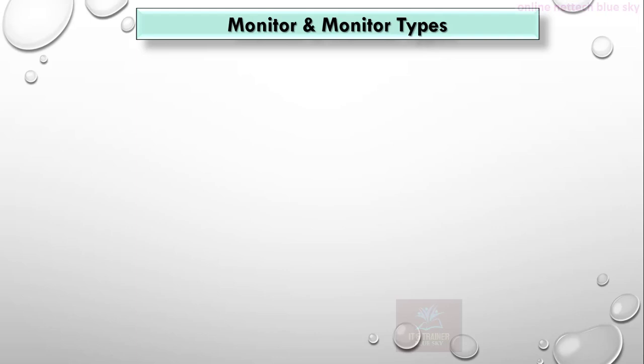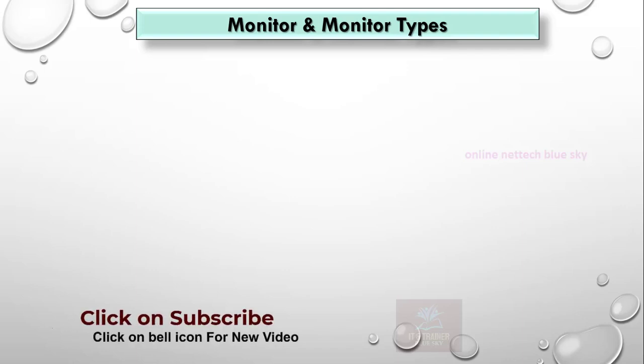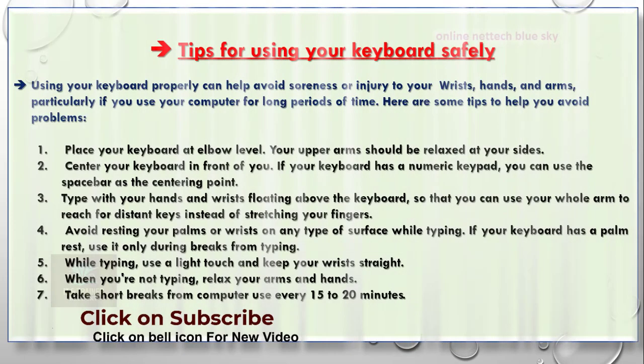So next, the third part of computer hardware is the monitor. Okay, so in the next video I will continue with monitors and monitor device types. So keyboard and mouse are input technology, and the third, the monitor, is output technology. Why is the keyboard input technology?